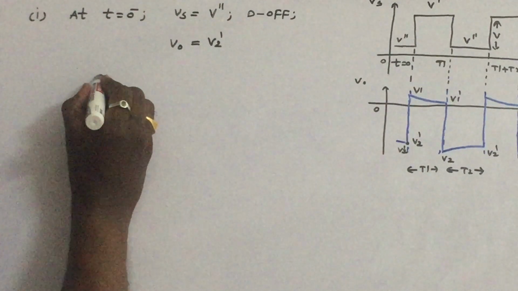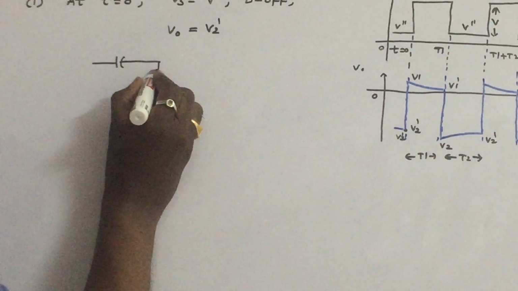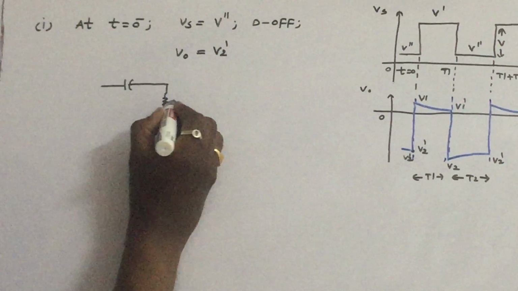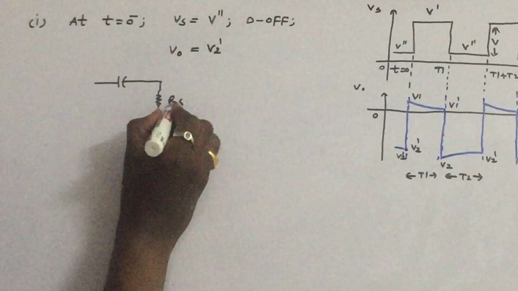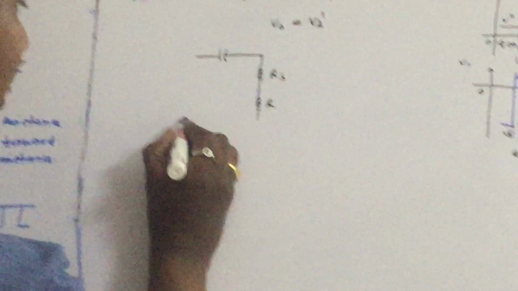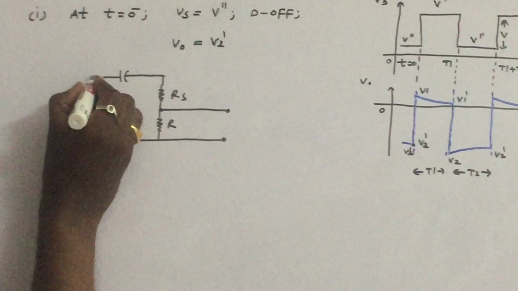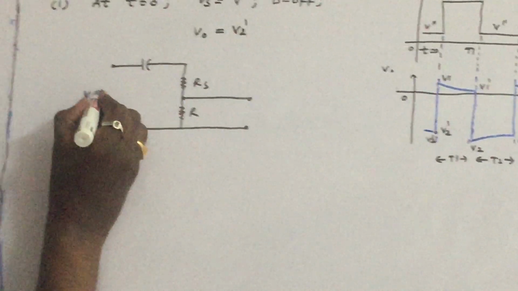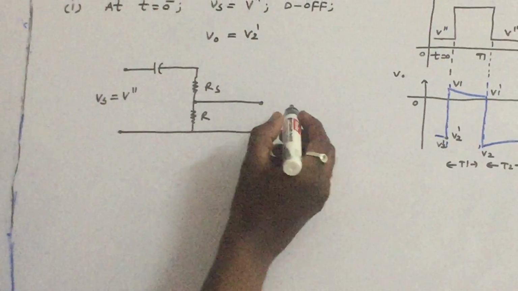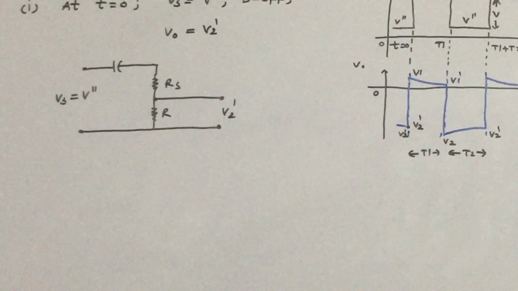When the diode is in off condition, immediately draw the equivalent circuits I gave in the previous class, circuit 1 and circuit 2. This is the source resistance. When the diode is off, the resistor R will come into the picture. The input voltage Vs is equal to V double dash, and the output voltage is V2 dash. So what is the current?